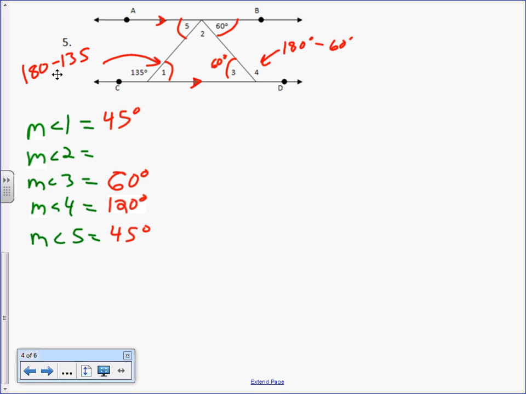So 60 plus the measure of angle 2 plus the measure of angle 5, which is 45, should equal 180. So we subtract 105 from 180, and you get the measure of angle 2 equals 75 degrees. So that'll be right there.